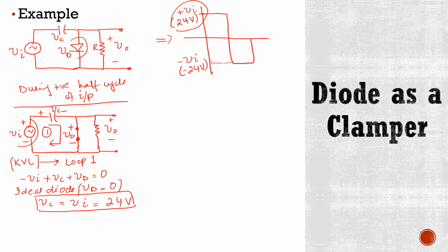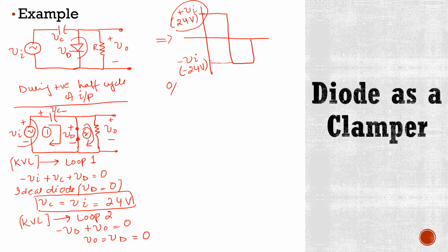So what will be our output here? Now this is our second loop, and if we apply KVL to this loop, our equation will be minus Vd plus V0 is equal to 0. Here V0 will be equal to Vd, and we know that in the case of an ideal diode Vd is 0, it means the output voltage is 0.